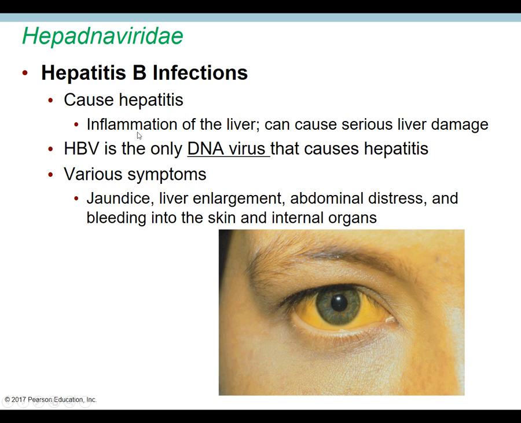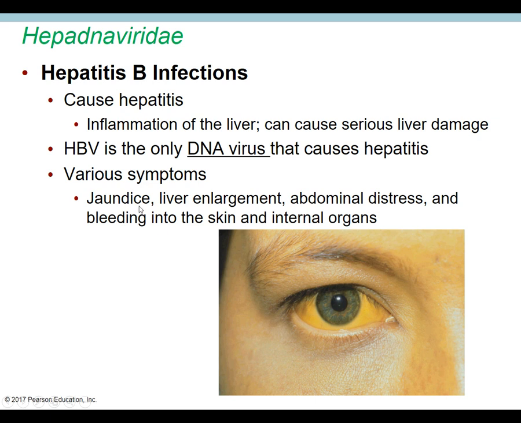So hepatitis is inflammation of the liver. Hepatitis B is the only DNA virus that causes hepatitis. There are RNA viruses that cause hepatitis as well. So Hep A and Hep C are RNA viruses, but Hep B is a DNA virus.